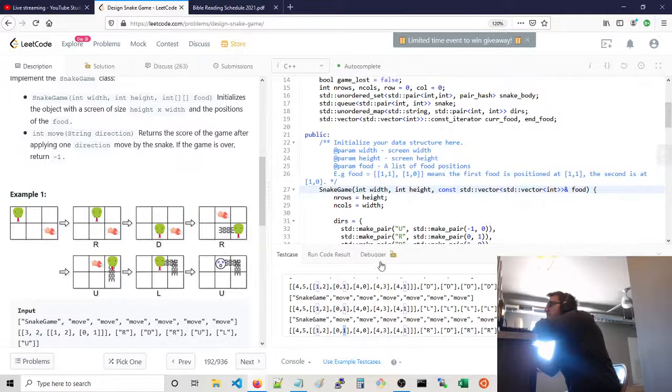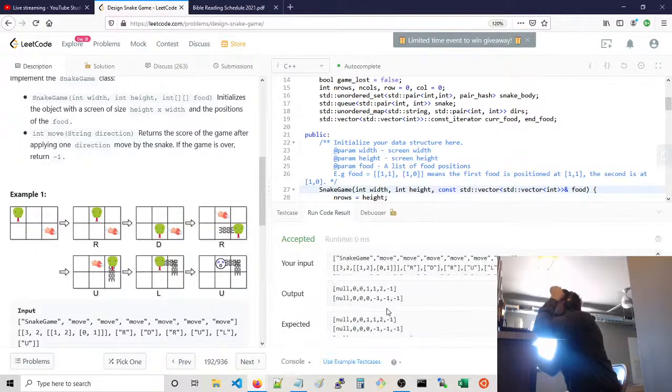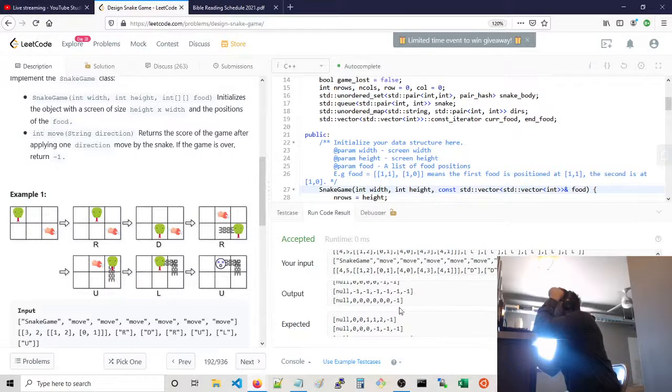We should pick up this piece of food here immediately. Right, that's super confusing. And it says it's correct, whatever I'm doing. So we're not wrong, but what if we go up first? We can't go up first. What if we go down? Right, what does that do? We don't pick up that food. How do we pick this one up?